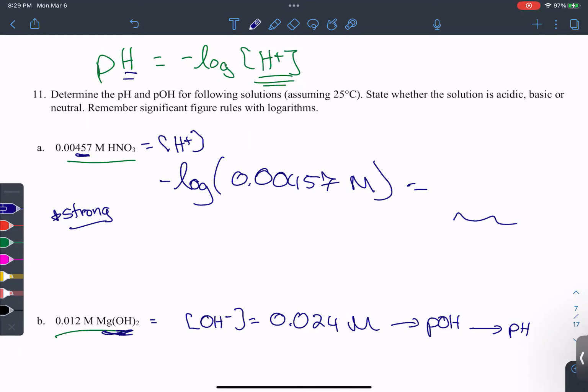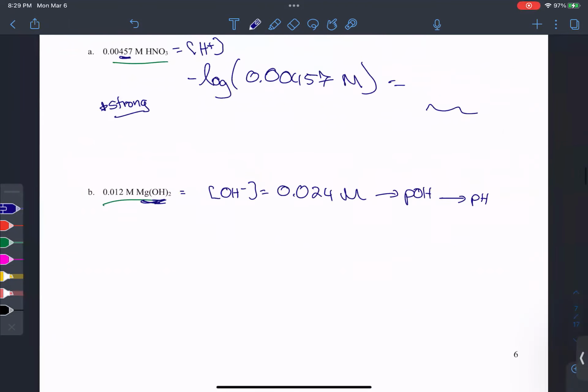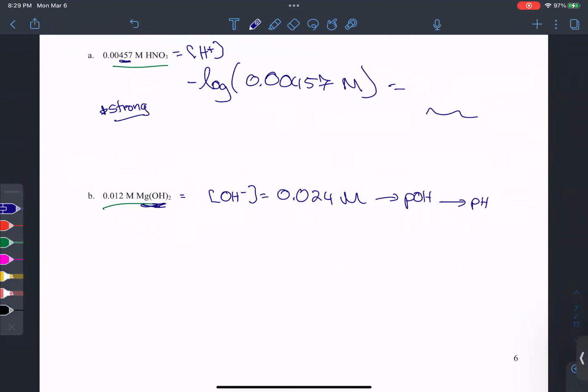I'm not gonna take time and calculate it, but I do want to summarize how pH and pOH are all related. If I know my H plus concentration, like I do in my nitric acid example, to get to pH, I take the negative log of that number.